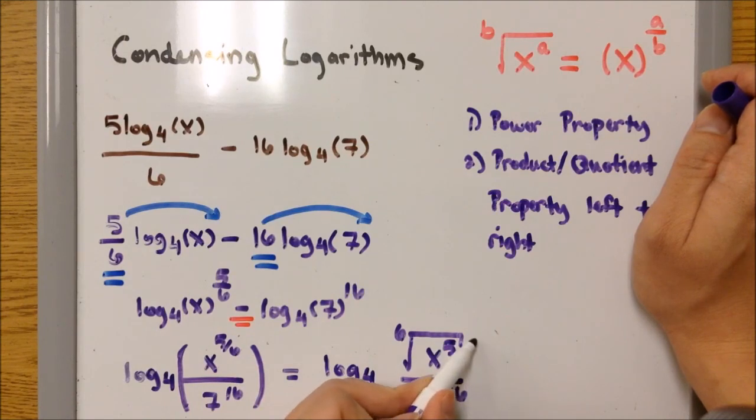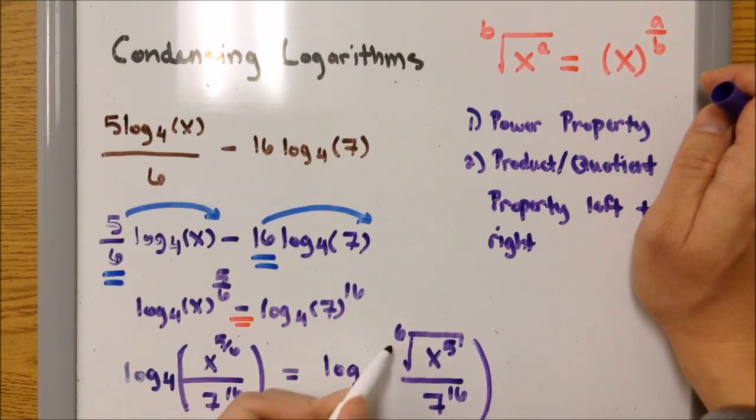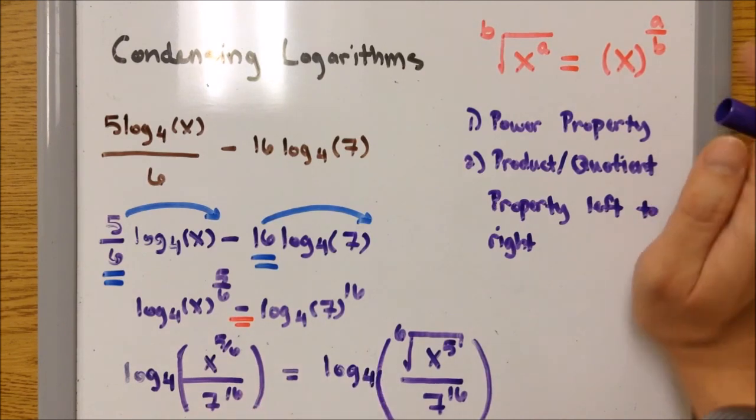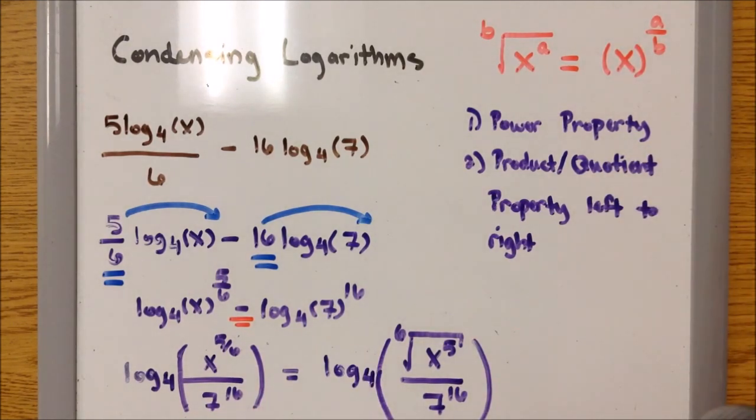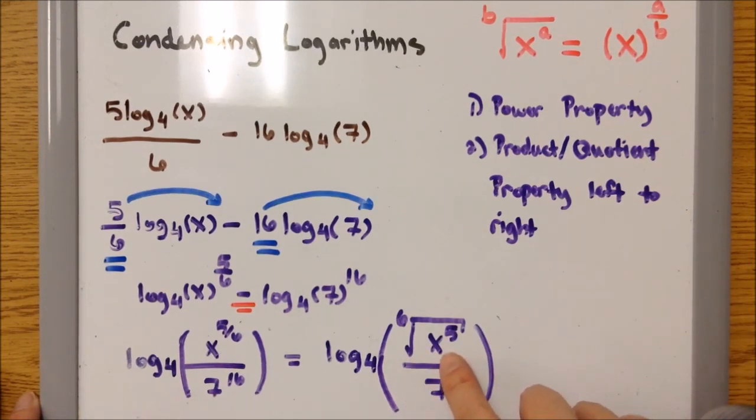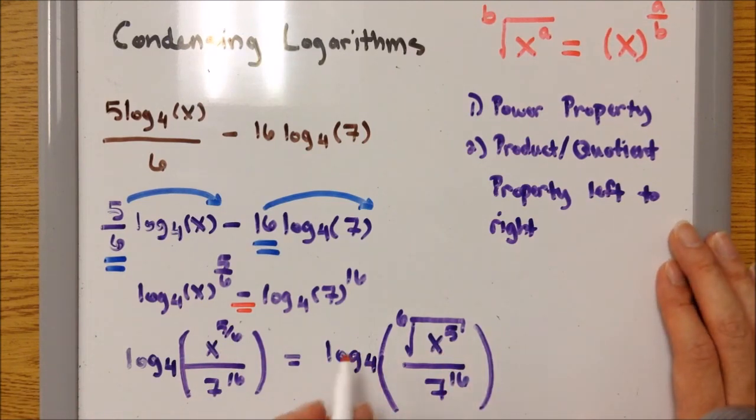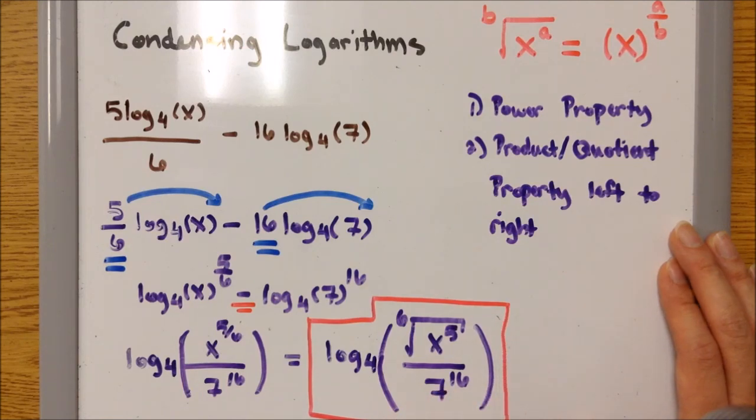So I'm just going to close it with parenthesis, and then parenthesis. So now we have log base 4 of the 6th root of x to the 5th power over 7 to the 16th power, and then that's our final answer.